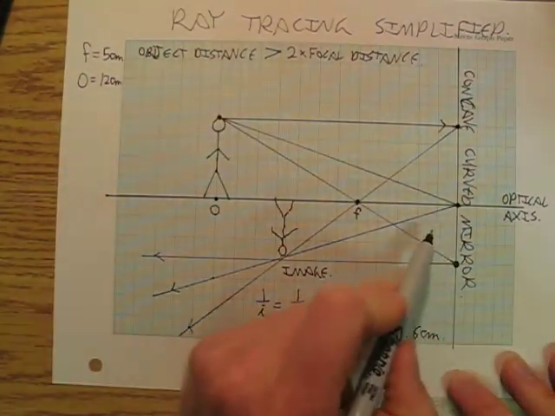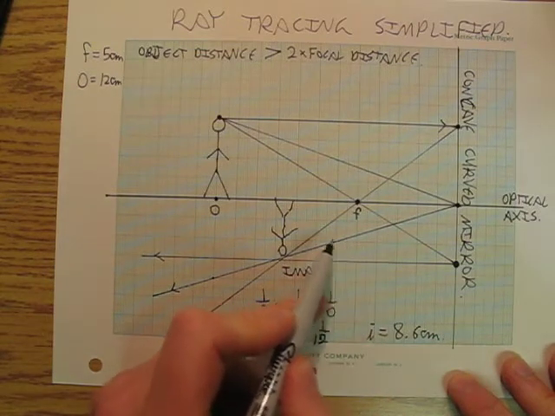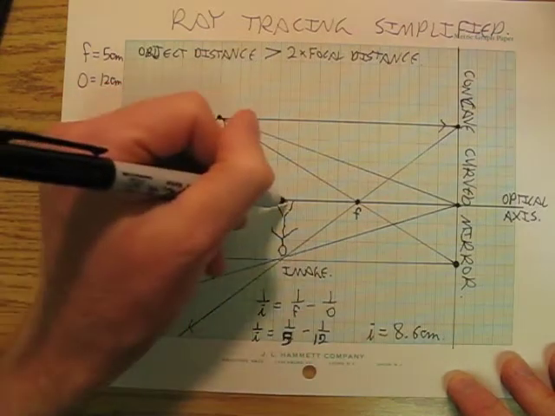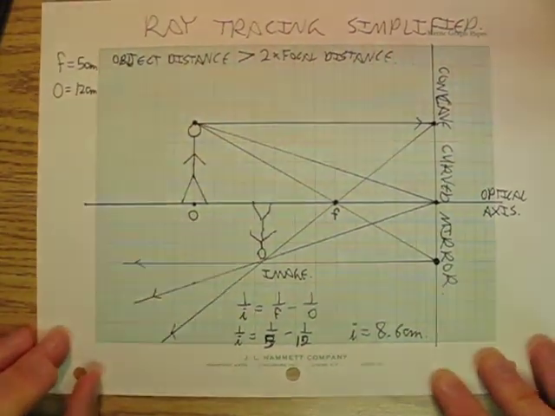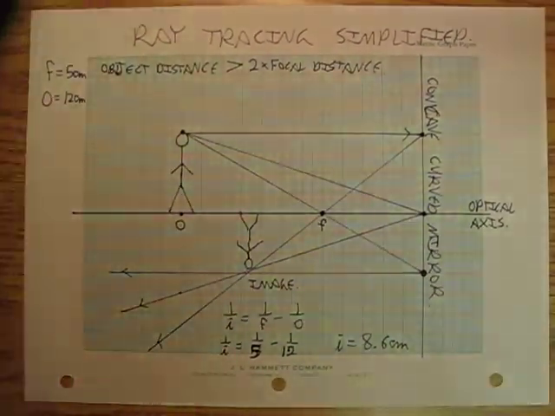And so I go 1, 2, 3, 4, 5, 6, 7, 8. There's 8.5. I'm pretty much right at 8.6. Okay. Now, so that's one example.